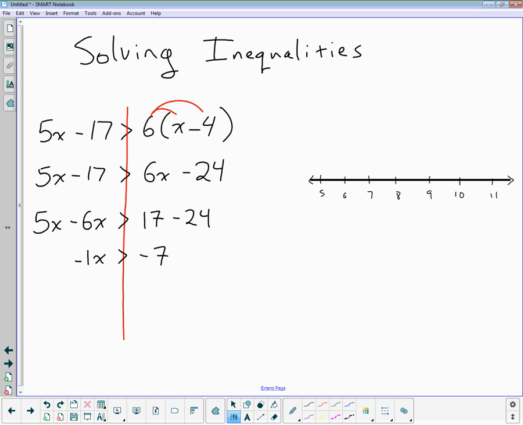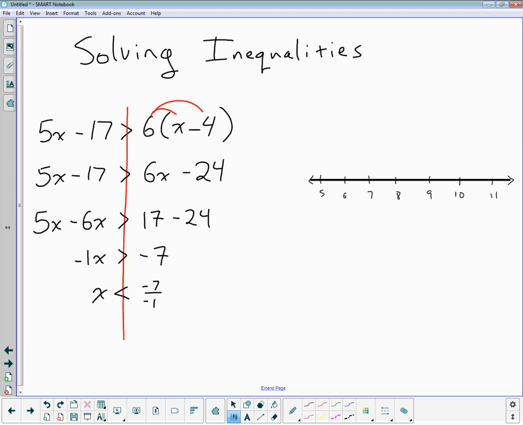If that was a positive 1, or a positive whatever, you wouldn't flip it. You would just divide. Only when you divide by a negative do you switch the symbol. So, we divide by -1, and we switch the symbol.